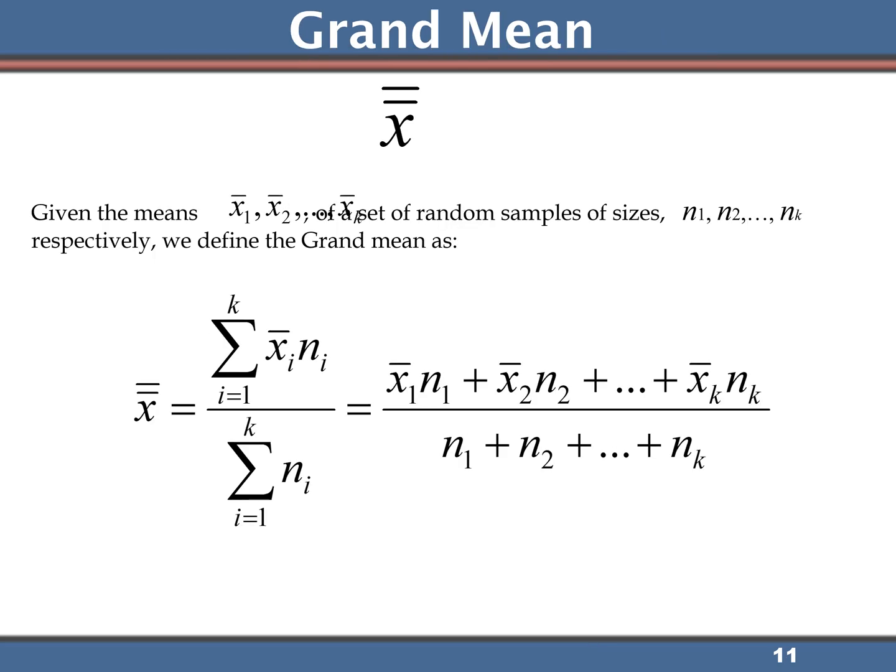The overall mean, or grand mean, is the weighted mean of many means of random samples. If we have k sets of data, with means x sub 1 bar, x sub 2 bar, up to x sub k bar, and with sizes n sub 1, n sub 2, up to n sub k, then the grand mean is denoted by x double bar, and is given as a weighted mean where the weights are the sizes of the samples.